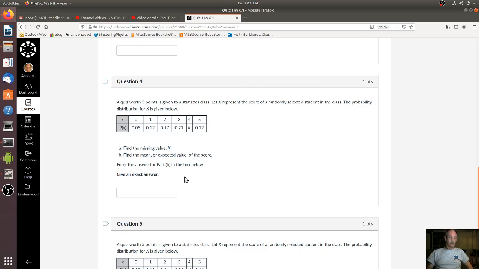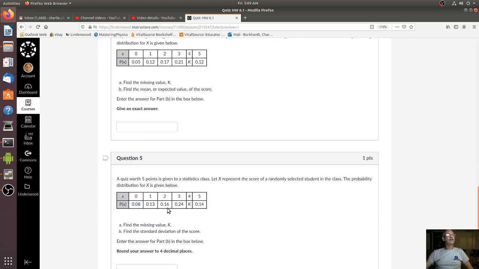All right. So let's do number 5. Let's find the missing value of k. So I get 0.08 plus 0.13 plus 0.16 plus 0.24 plus k plus 0.14 equals 1.